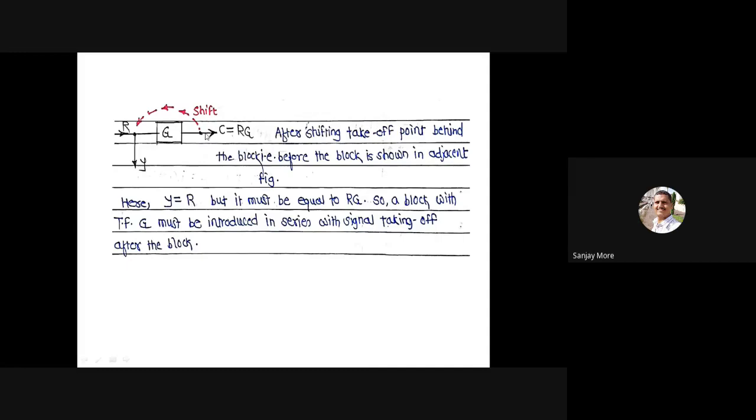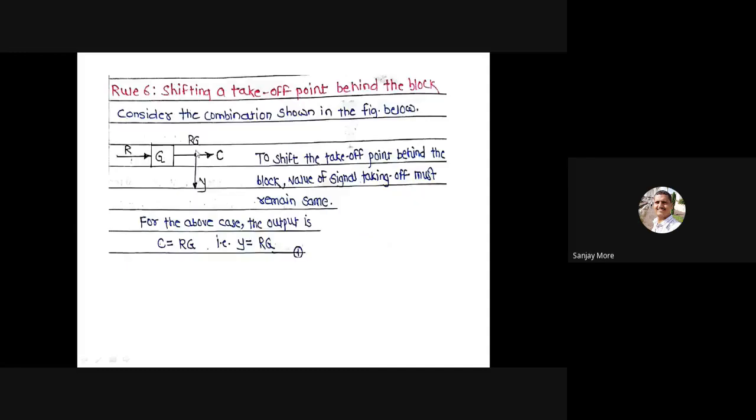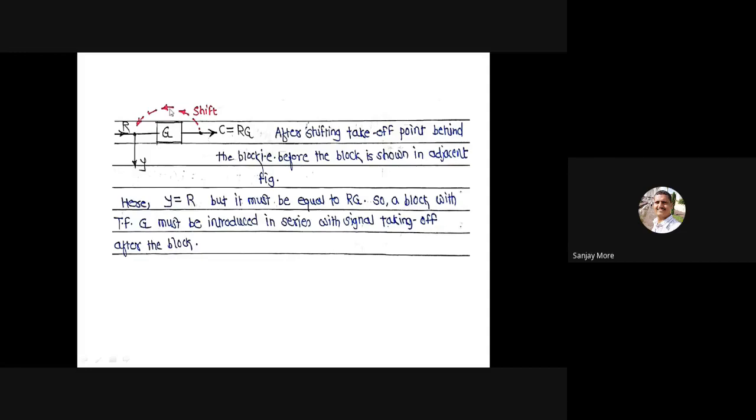Then this takeoff point is shifted here. Then C is equal to RG. Okay. So Y is equal to R, but it must be equal to RG. So a block with transfer function G must be introduced in series with the signal taking off after the block. Okay.